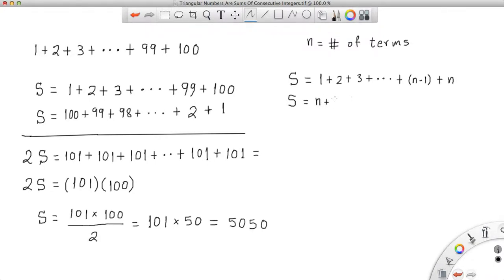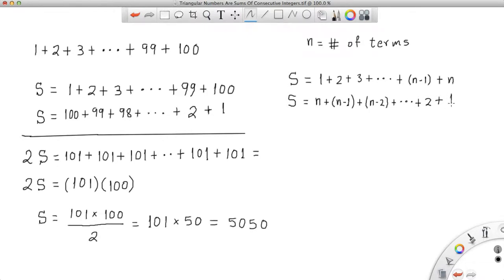So we are reproducing the technique that we used in the example with 100, but now we're doing it with a general number n. That's the number of terms we are adding, and also the value of the maximum term in the sum. So n minus 1, n minus 2, and so on until we get all the way down to here plus 2 plus 1.